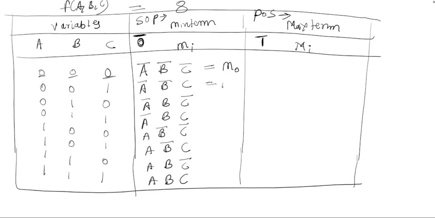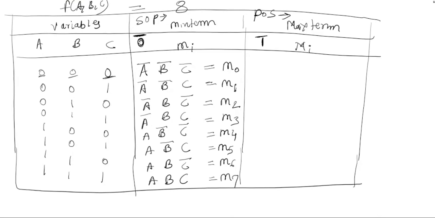Now the next one is m1, then m2, then m3, then m4, m5, m6 and m7.